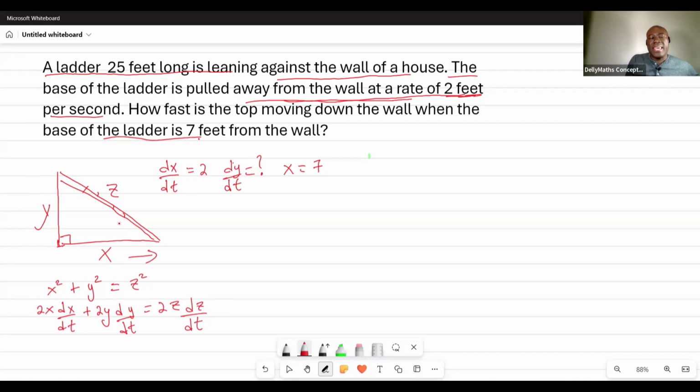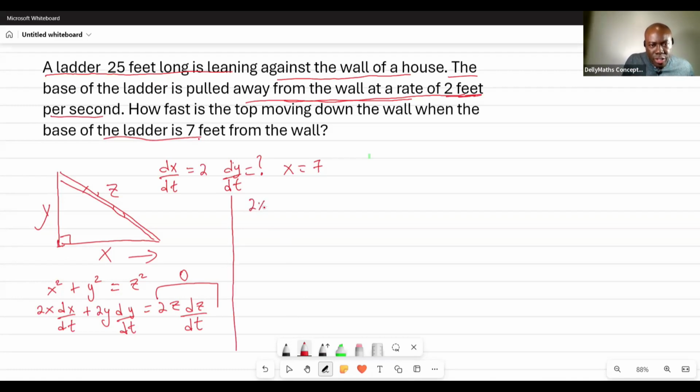Now, because the ladder is a constant length, it simply means that dz/dt will be a constant, so we're going to actually have a 0 there. Let us rewrite what we got.